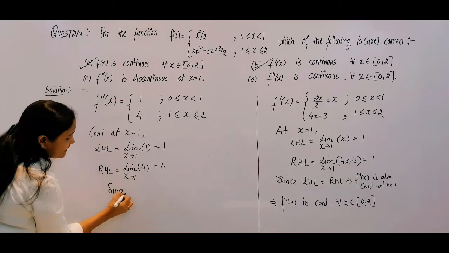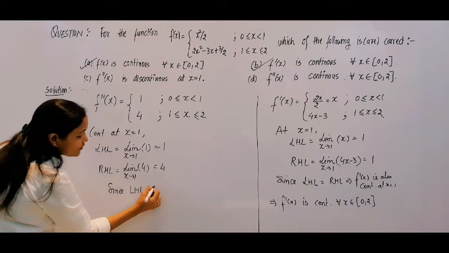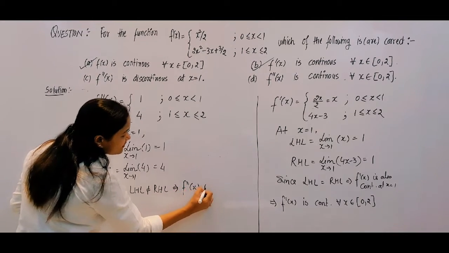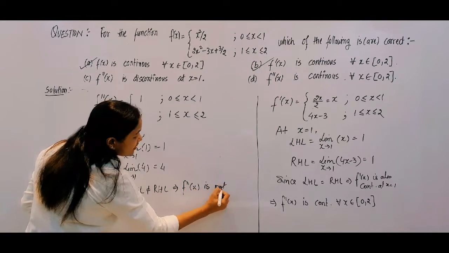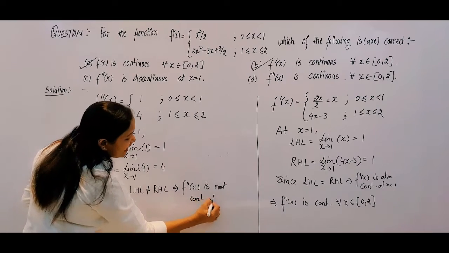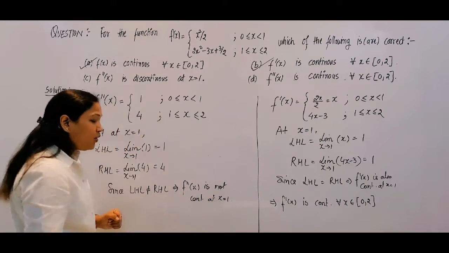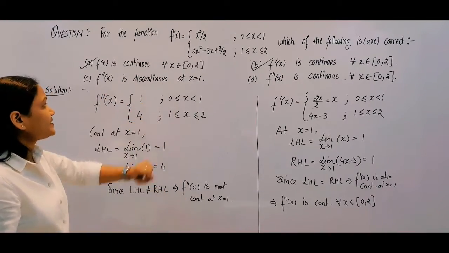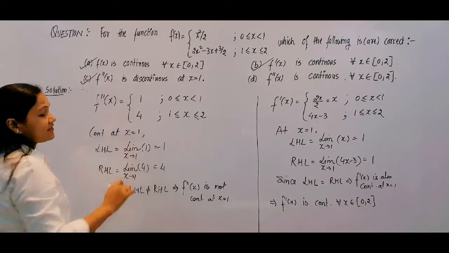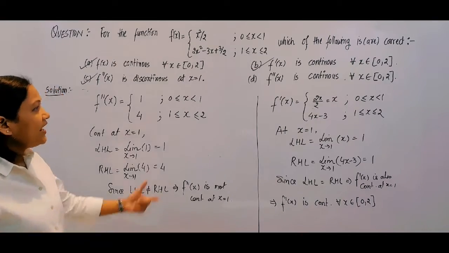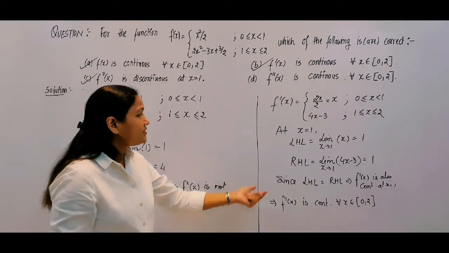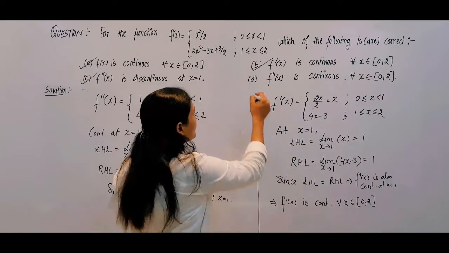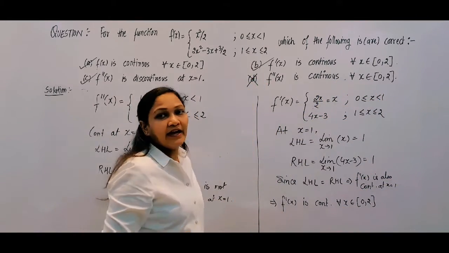Since left hand limit is not equals to right hand limit, that implies your second derivative function is not continuous at x is equals to 1. So it is discontinuous at x is equals to 1. So your C option is also correct. And if it is not continuous at x is equals to 1, how can it be continuous in the whole interval? So your option D is incorrect.